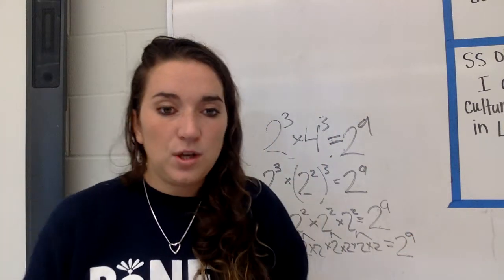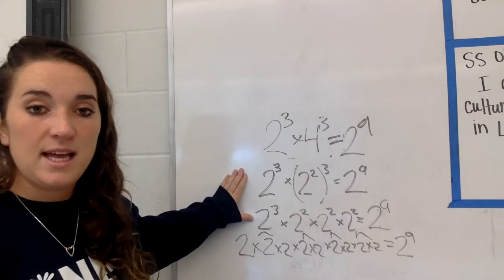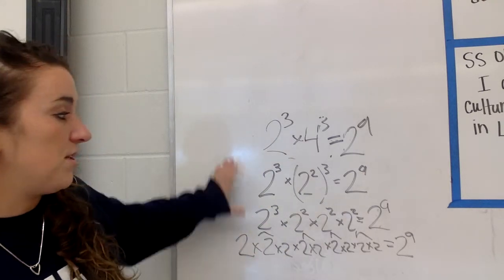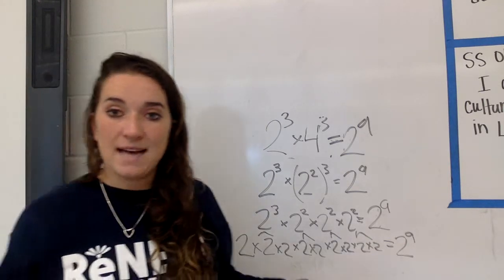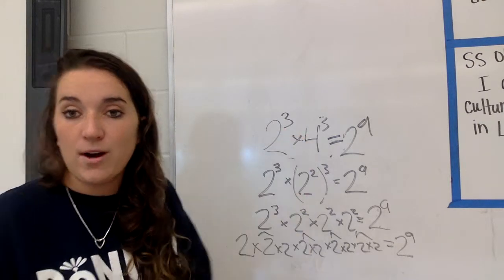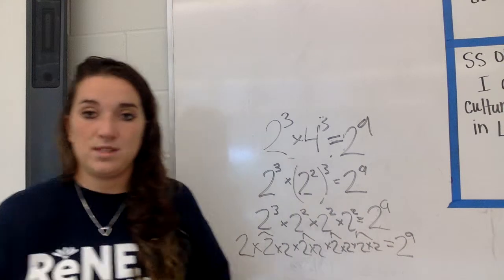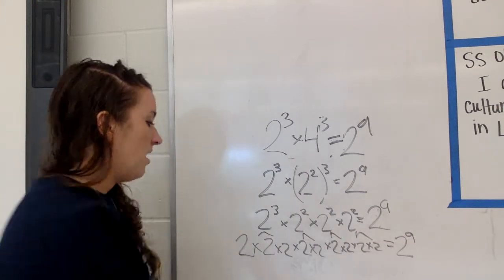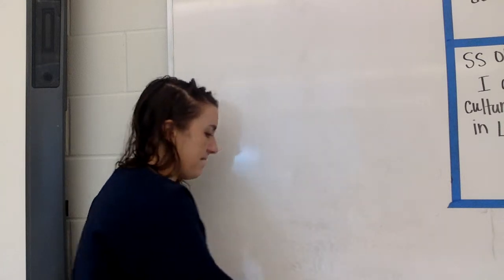And it says use exponential notation to demonstrate why 2 cubed times 4 cubed equals 2 to the 9th. So this is what it was asking for you to show. It was asking for you to substitute 2 squared in for 4 and then expand it and show that it equals the same thing.